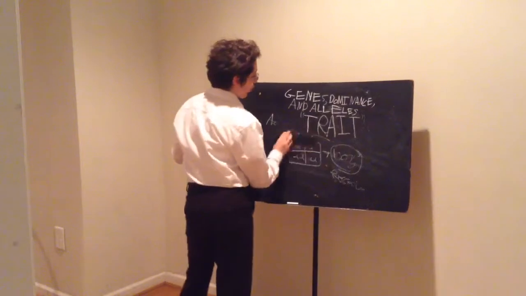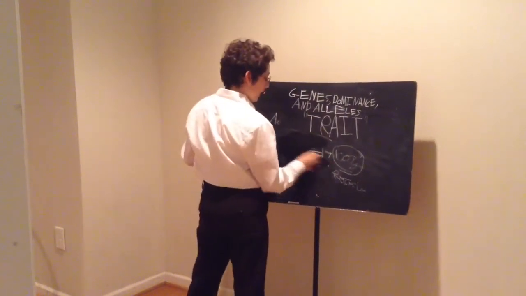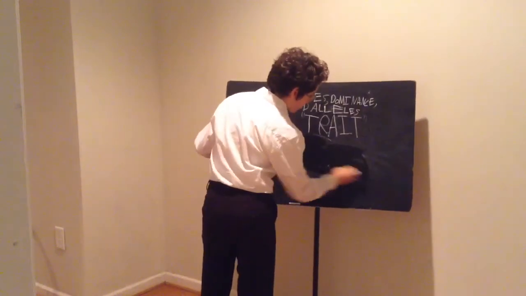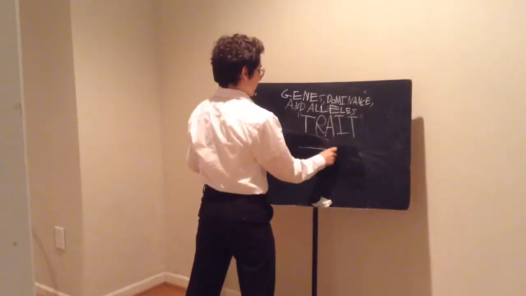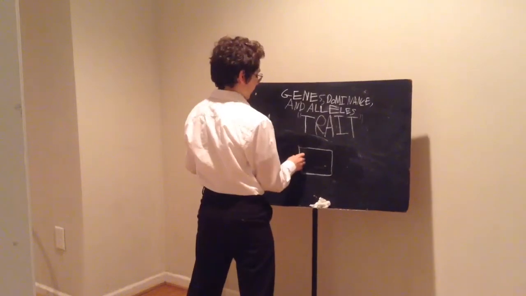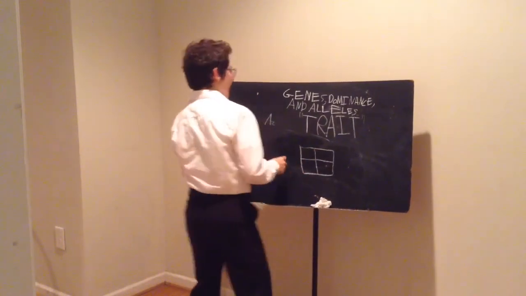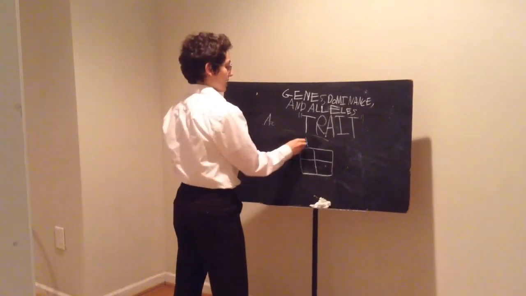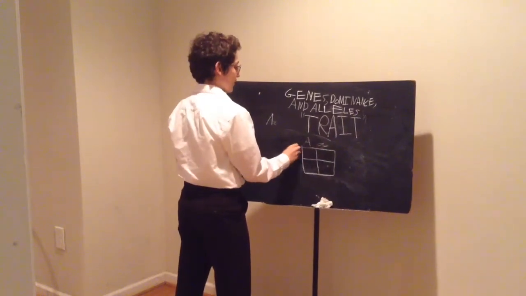Now let's do the one final example that will really drive in how dominance works. So let's draw a Punnett square. If you learn how to draw a Punnett square now, it'll be so much easier for you later because this is one of the basics of dominance. What if your mom has a dominant allele and a recessive allele? And the same for your dad.